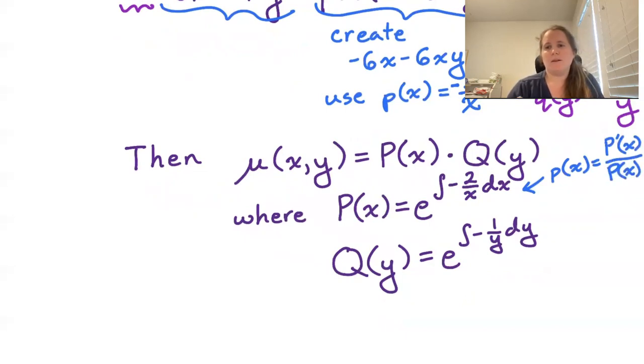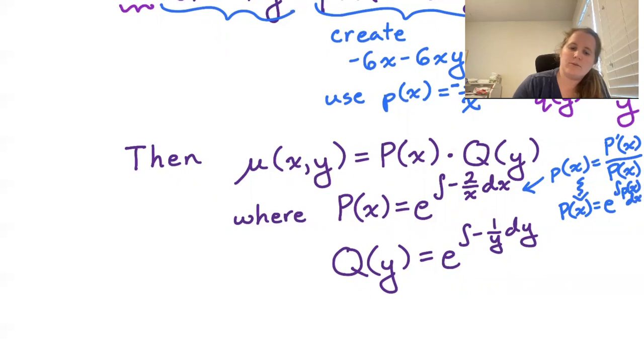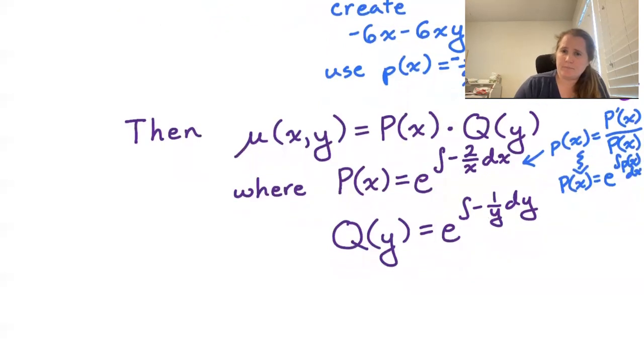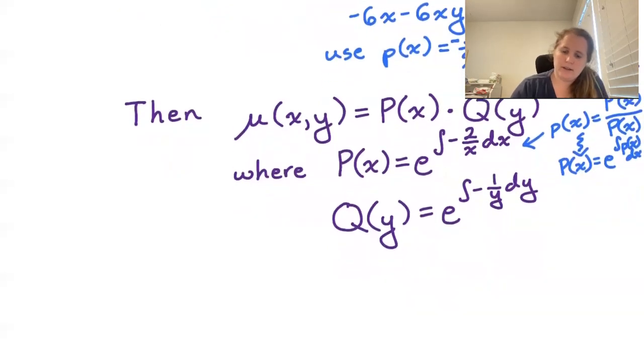And so that will give us that capital P of x should be e to the integral of lowercase p of x dx. Same thing for the y. So if we do our solving here, we have P of x is equal to e to the negative 2 times the integral of 1 over x dx.